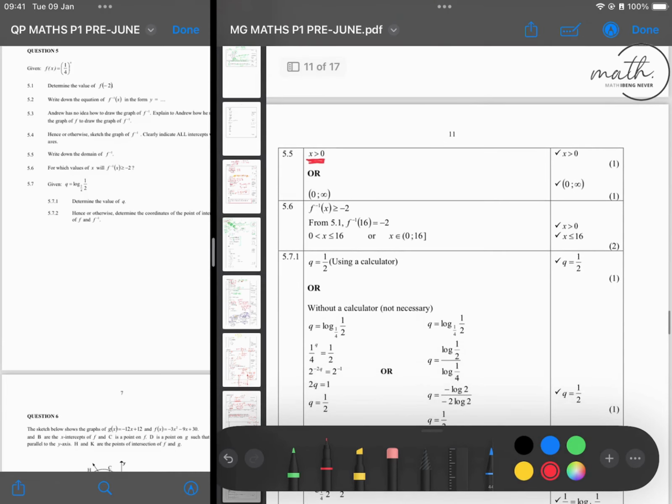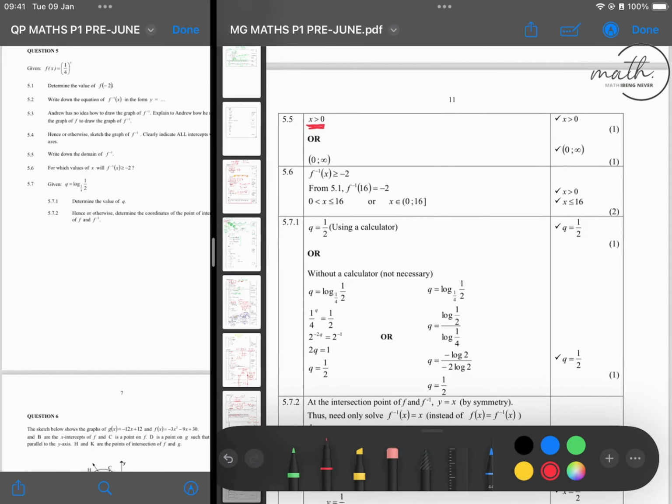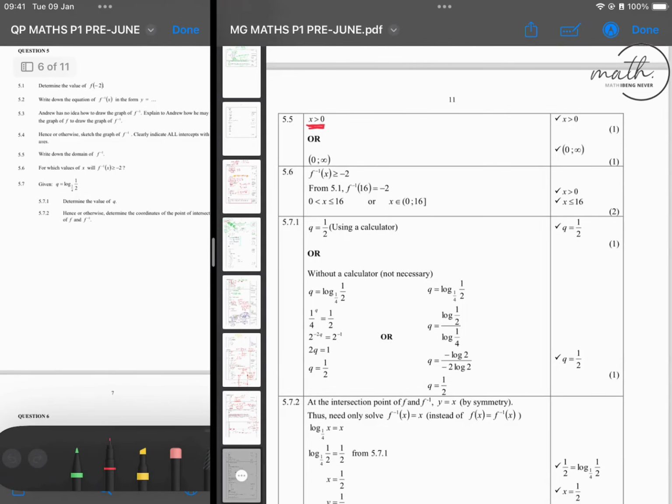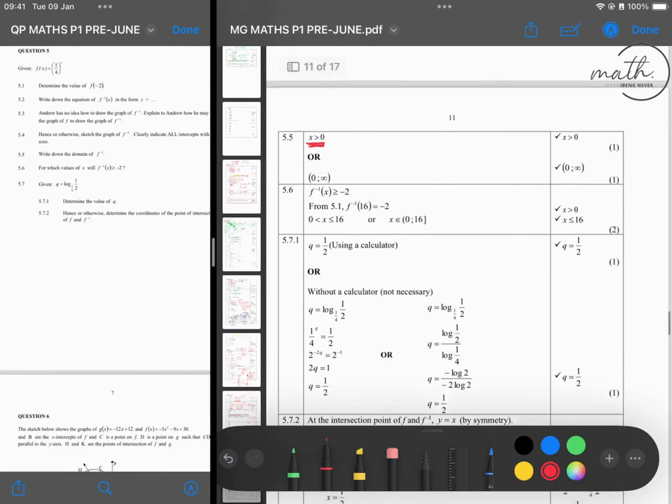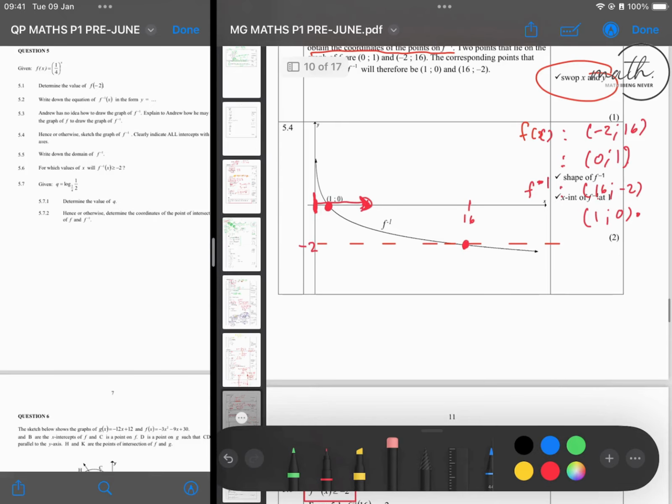5.6. For which values of x will the inverse of f be greater than or equal to -2? You can again just use the sketch. Remember, this just means where the graph is above -2. So let's draw the -2 line and then find the x's. So we already drew it here. So the -2 line is here.